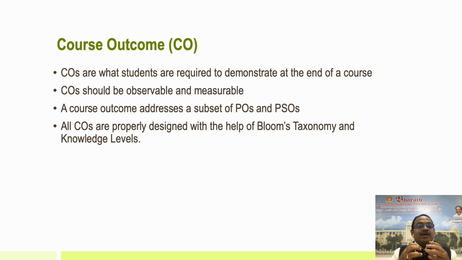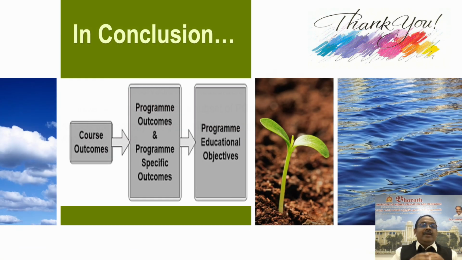A course outcome addresses a subset of POs and PSOs. All COs are properly designed with the help of Bloom's taxonomy and the knowledge level. These are very important points. In conclusion, that's outcome-based education.